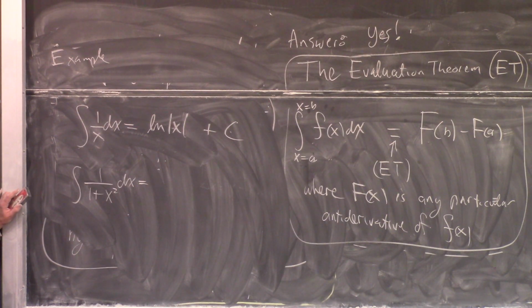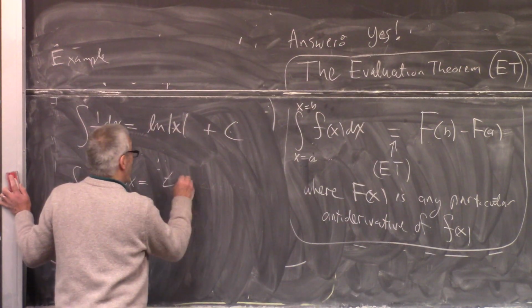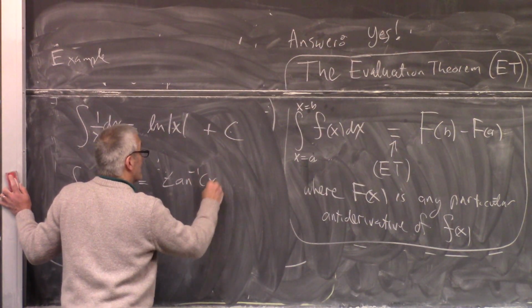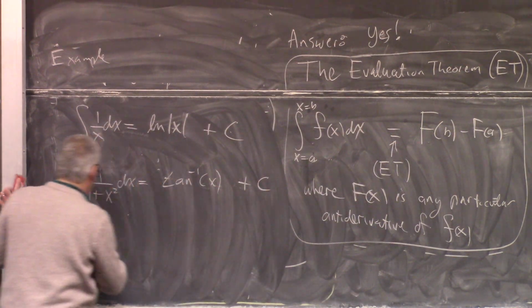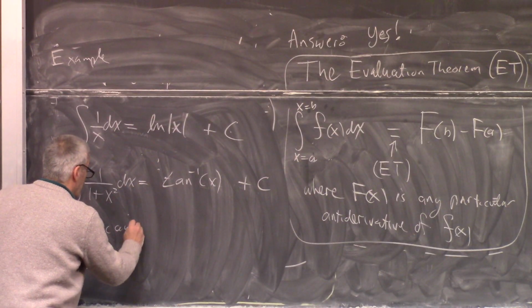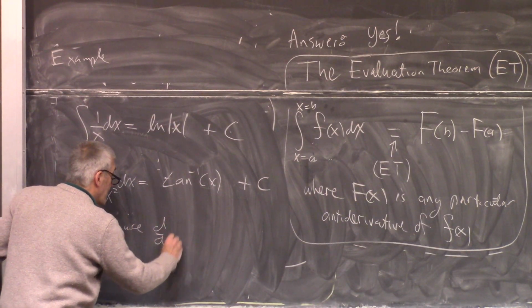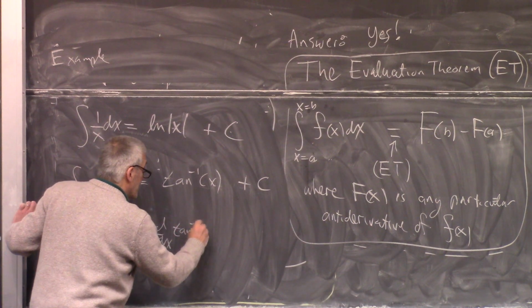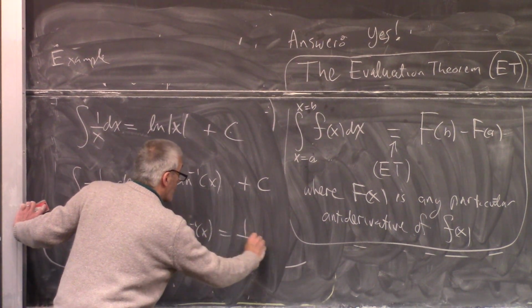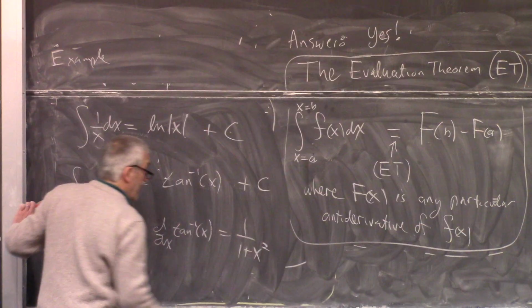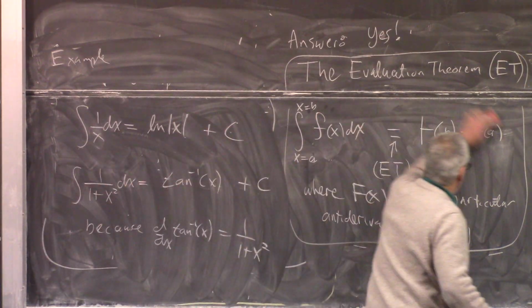Annika? Yes. Tan inverse of x, and then plus c. And this is because the derivative of tan inverse of x is 1 over 1 plus x squared. That was that wacky thing.